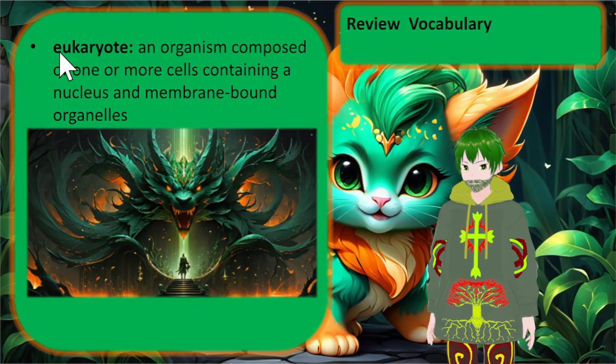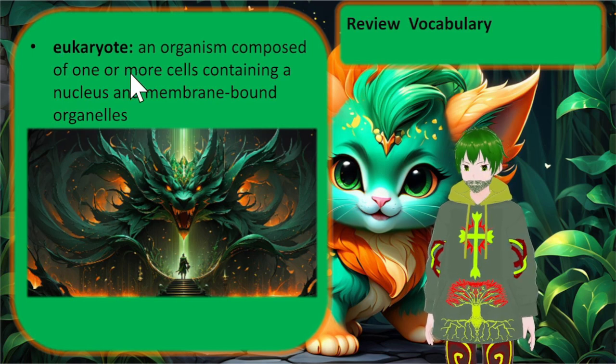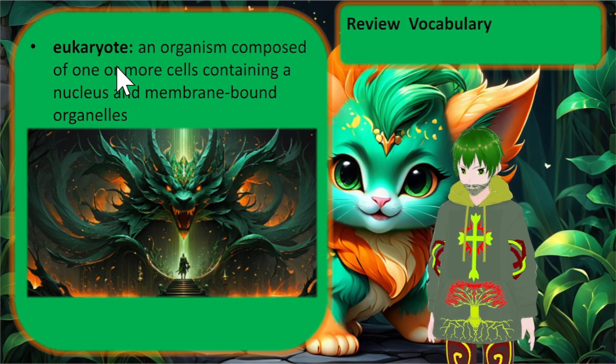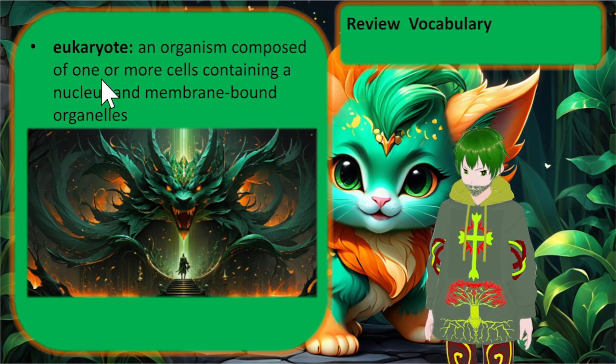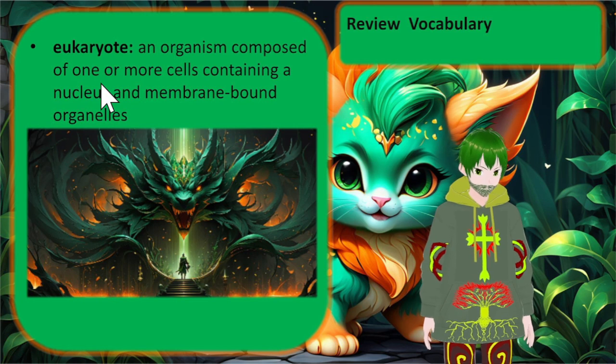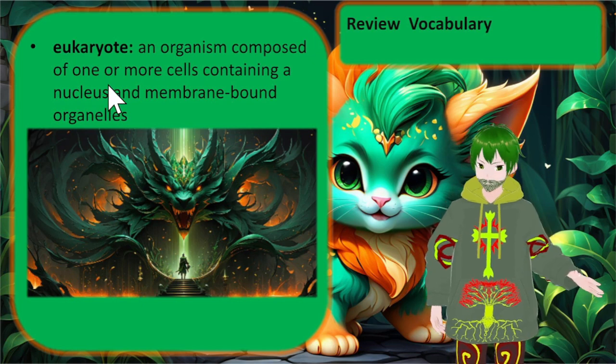Our review vocabulary for today is a eukaryote, which hopefully you remember is any organism with one or more cells that has membrane-bound organelles inside, like a nucleus, Golgi apparatus, smooth and rough endoplasmic reticulum, mitochondria, or chloroplast.